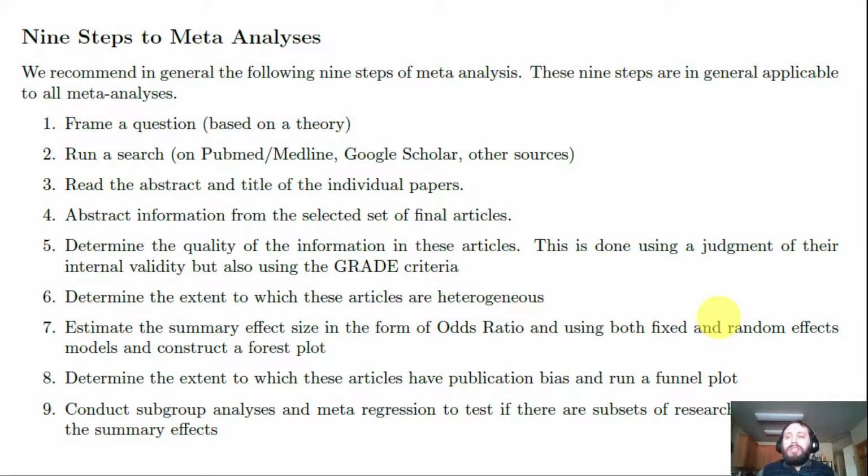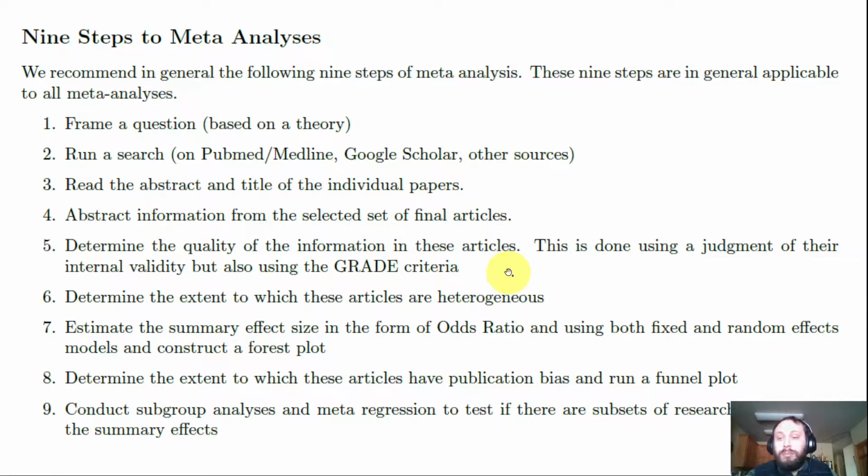Overall, there are 9 steps that you need to do in order to perform a meta-analysis. These 9 steps are generally applicable to all meta-analyses. First, you frame a question based on a theory. You run a search on Google Scholar or PubMed. You read the abstracts and titles of the individual papers. Get the abstract information from the set of articles. Determine the quality of information from these articles.